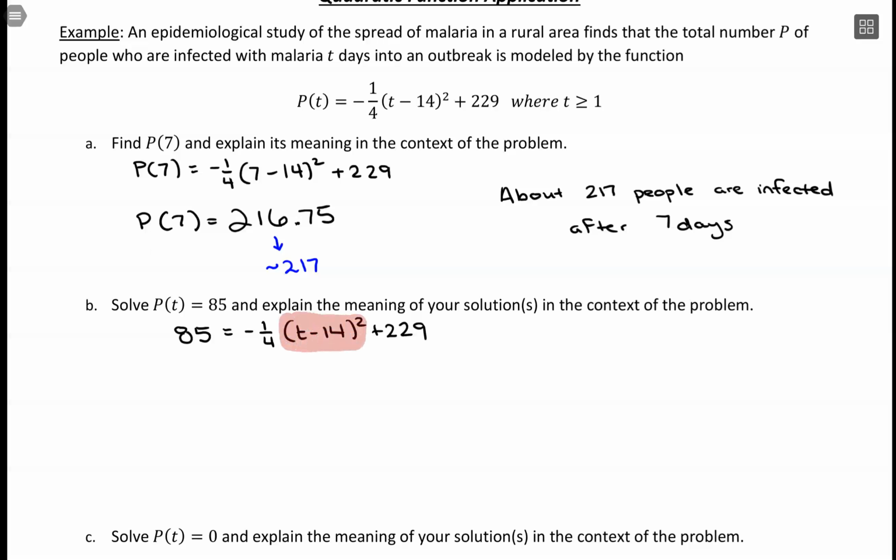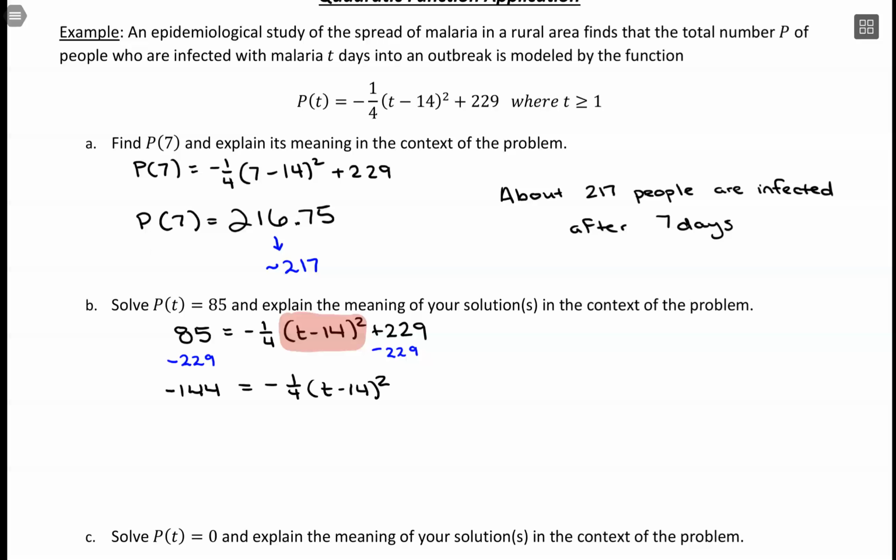So we're going to isolate that (T minus 14) squared. So first thing I'm going to do is subtract 229 from both sides. And that should give a negative 144 equals negative 1/4 (T minus 14) squared.